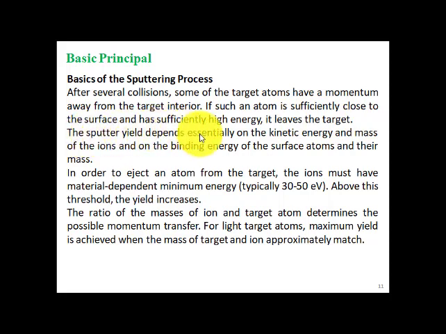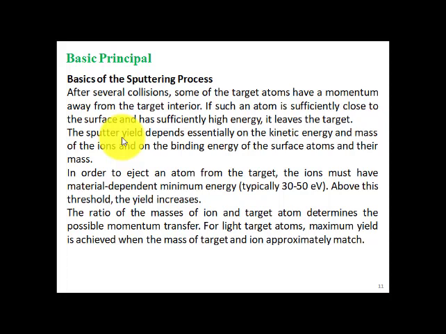The sputter yield depends essentially on the kinetic energy and mass of the ions which are striking the target material, and also on the binding energy of the surface of the target material and their masses. So the sputtering depends upon the masses of the incident ions and also the mass of the surface atoms which are present on the target.